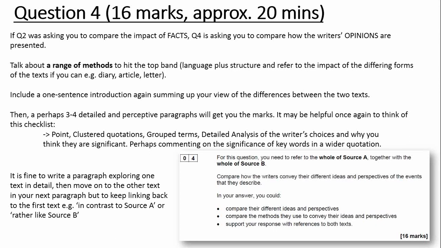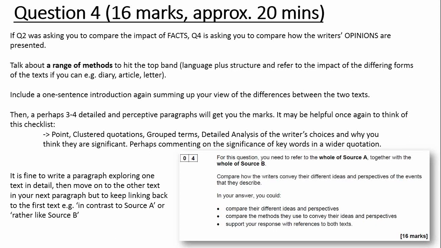Anyway, let's carry on. Talk about a range of methods to hit the top band. Just like with English literature, you have to talk about more than just language. So language plus structure. Remember, structure, we're thinking about the organisation of ideas in the text.